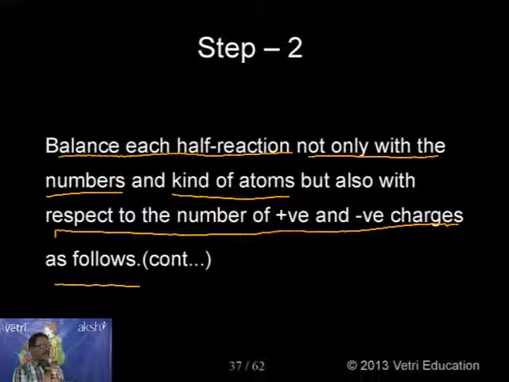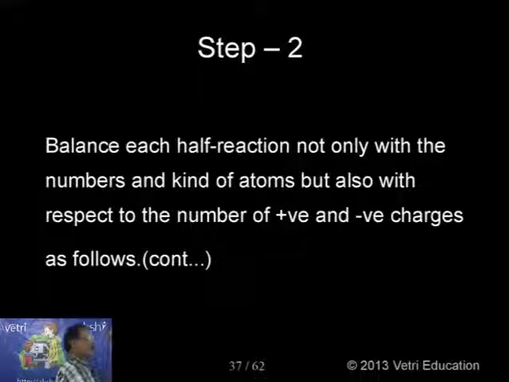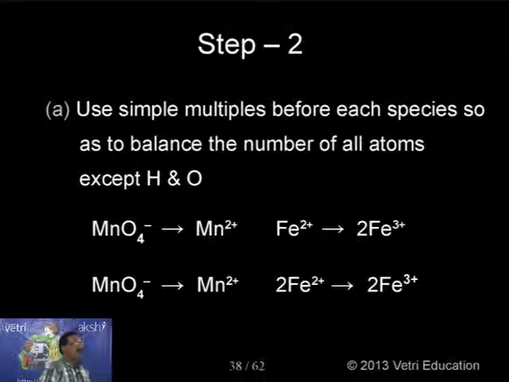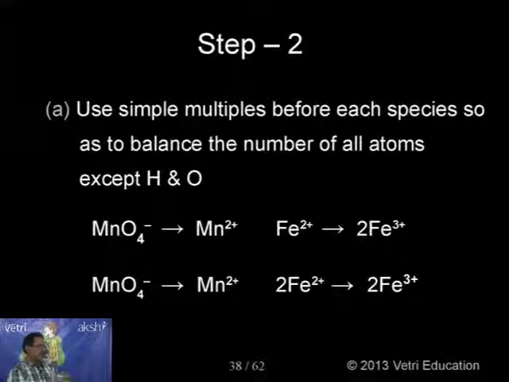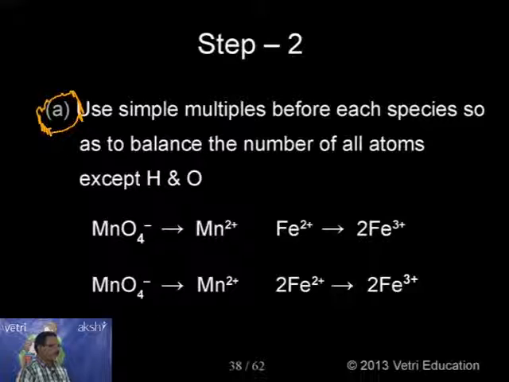So step 2 gives a number of sub-rules. You can see carefully, and we should be very careful when we are balancing. Under step 2, we have some number of sub-rules. We'll call it 2a. What is that?